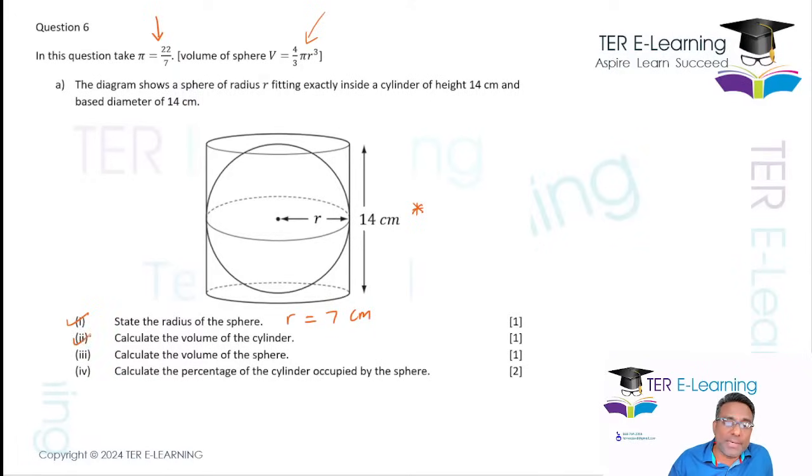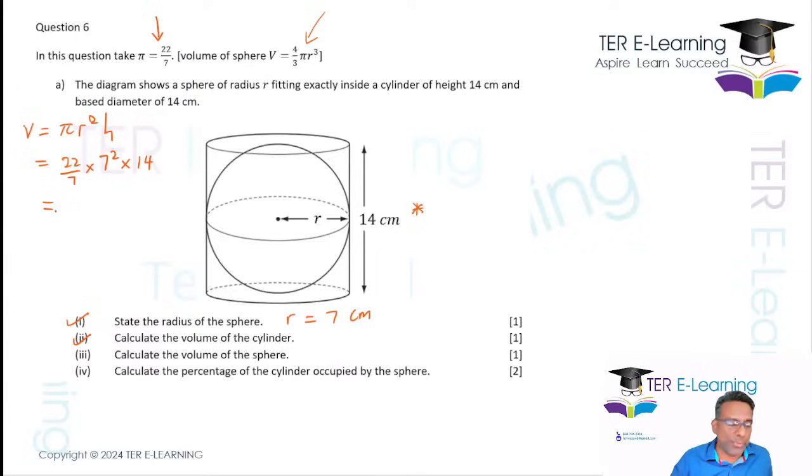The next part, we want to calculate the volume of the cylinder. You guys need to know your formula for the volume of a cylinder. That is not given to you in the exam. The volume of a cylinder is given by pi r squared h. It told us to take pi as 22 over 7, so it's 22 over 7 multiplied by the radius squared, 7 squared, multiplied by the height, which is 14.